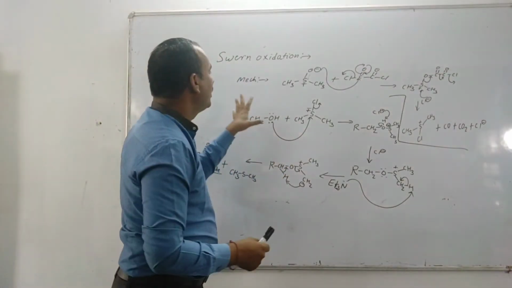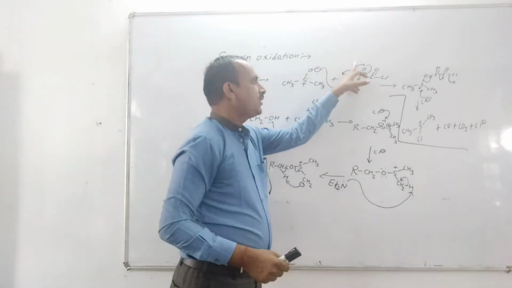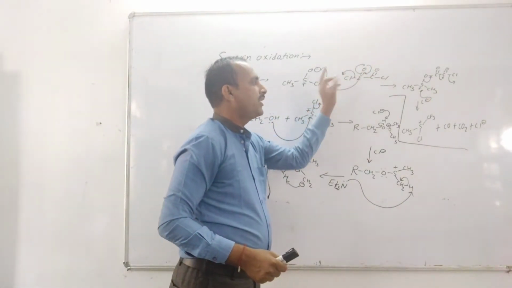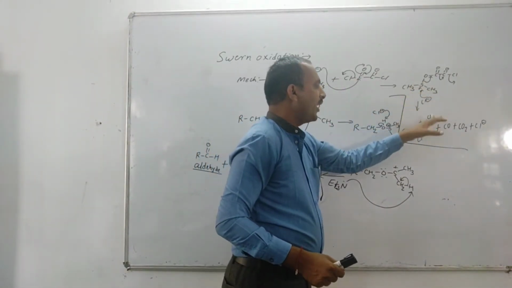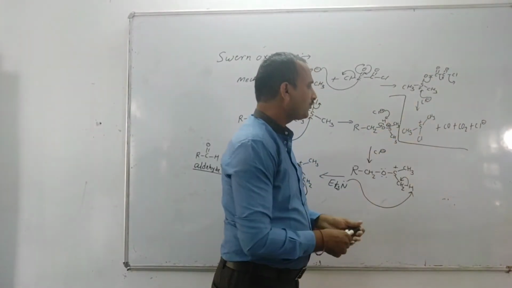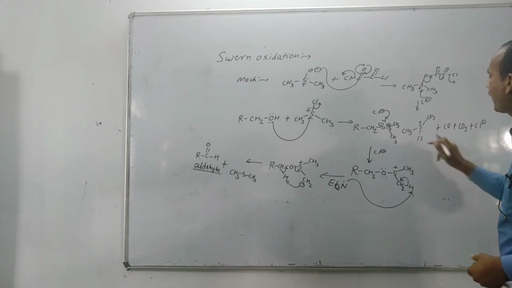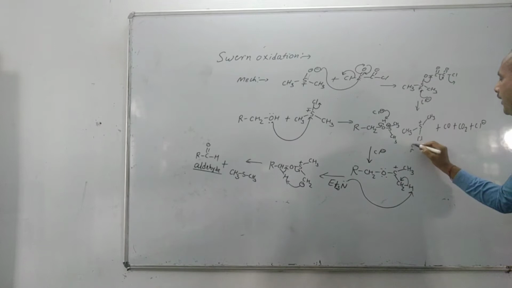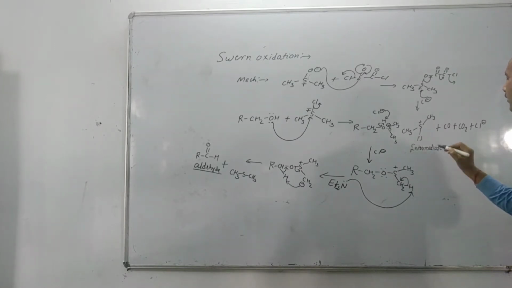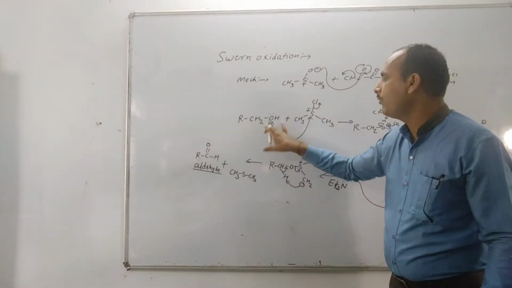See here once again, the oxygen of DMSO attacks oxalyl chloride, O minus is written, Cl minus is eliminated. Then Cl minus again attacks the sulfur plus, forming this intermediate. Now on this intermediate, the primary or secondary alcohol attacks with its lone pair.